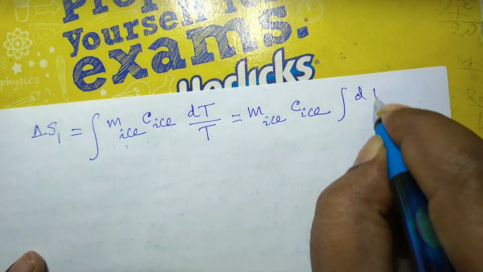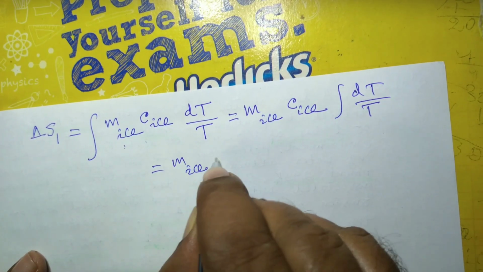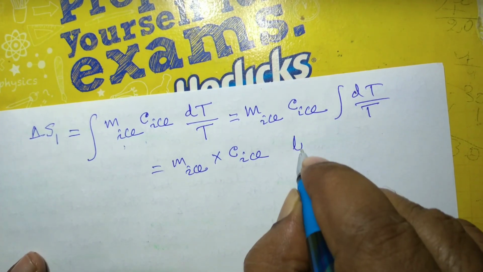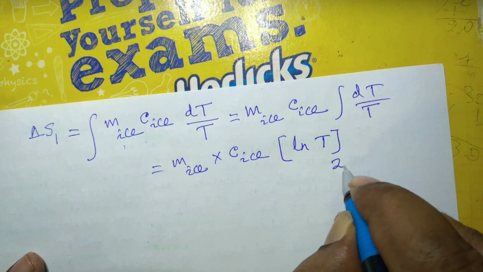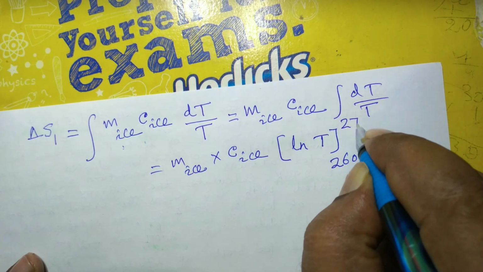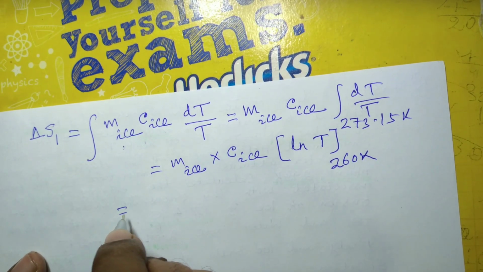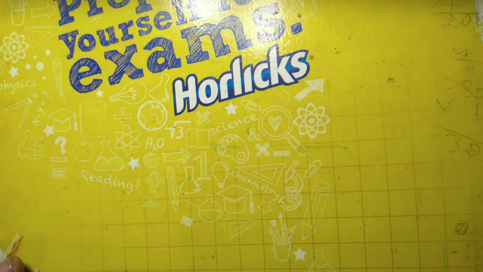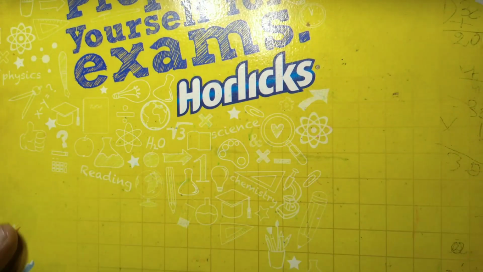This is dT upon T. This is m ice, mass of ice, multiplied by specific heat of ice, ln T. Initial temperature of ice is 260 Kelvin and final temperature, the saturation temperature, is 273.15 Kelvin. Mass of ice is given to be 1.5 kg.